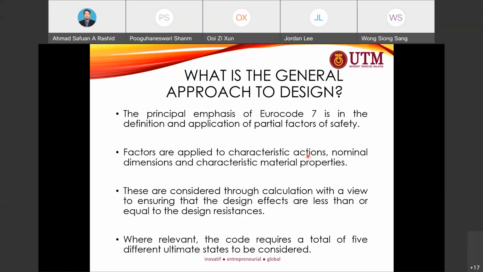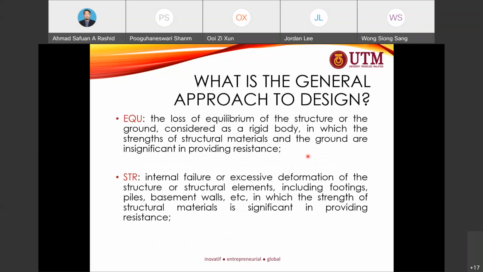Normally we may only use the geotechnical one, or we may use the equilibrium one, for example for any overturning structure, like a retaining structure. So these are the 5 ultimate limit states that we may consider in the design.